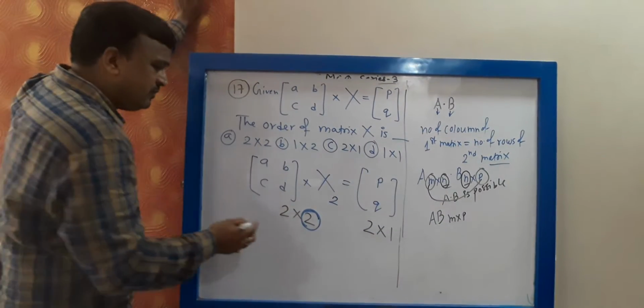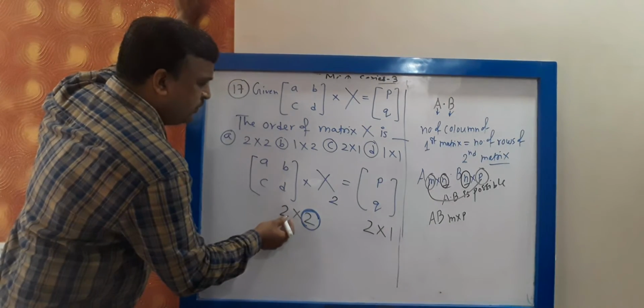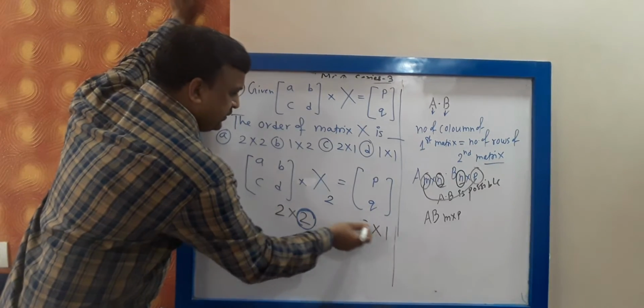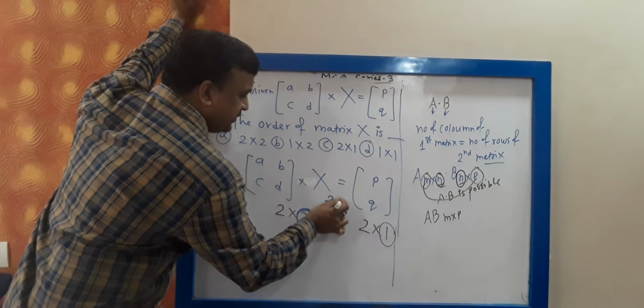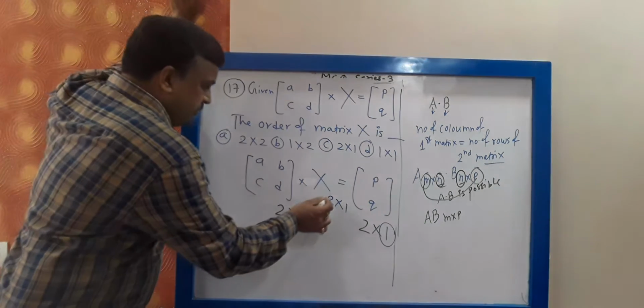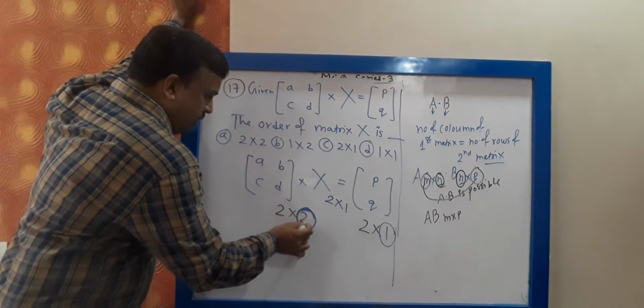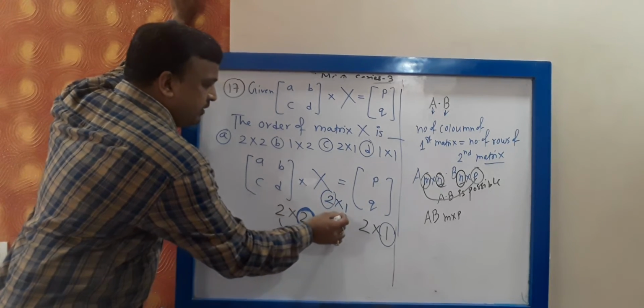Then the resultant matrix is of order 2 by 1, so this 1 will denote the column of X. The resultant matrix is 2 by 1 order.